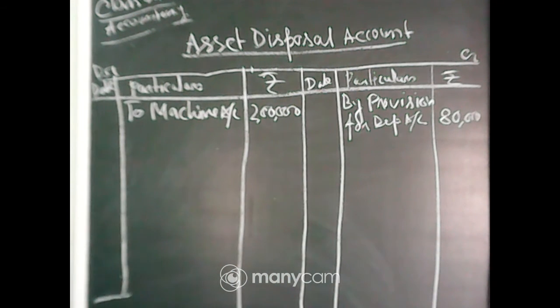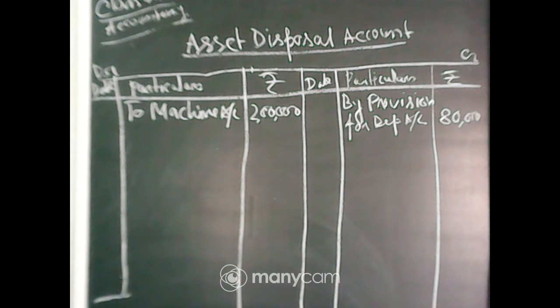Now at what amount did they actually sell? They sold it at the price of rupees 1,35,000. So in case of sales, bank account debit and asset disposal account should be credited.